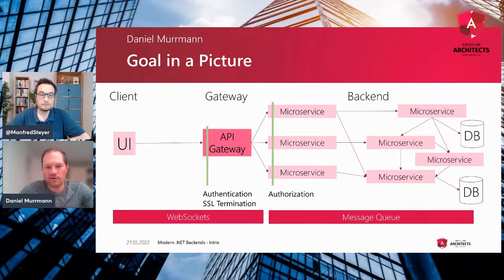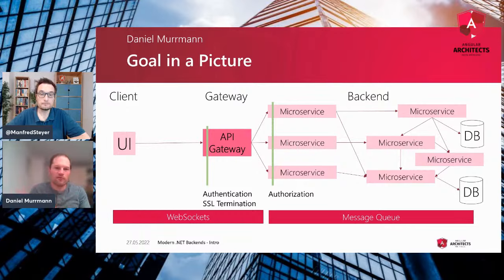Another one is, for example, it can be the point of your SSL termination. If everything behind the API gateway is in a very secure, closed environment, so if you're talking about a microservice application, maybe running on a Kubernetes cluster, then this is the case. If you're talking about a very distributed application, which is running on different hosts in a factory or something like this, then this is of course not the case.